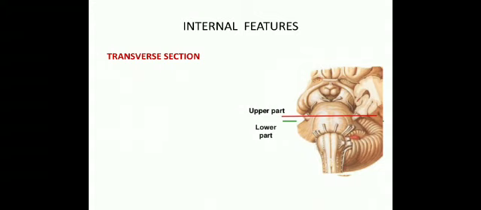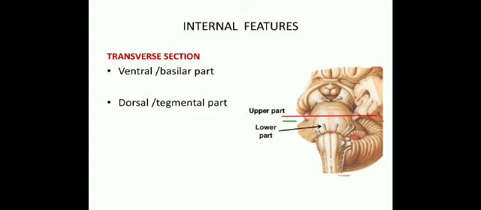So the transverse section of the pons, to see the internal features, can be done at two levels: the ventral or the basilar part and the dorsal or the tegmental part.